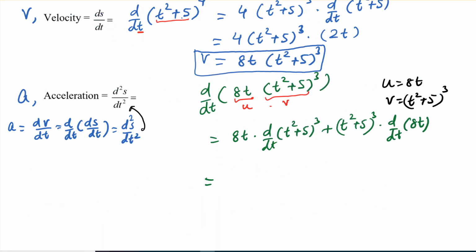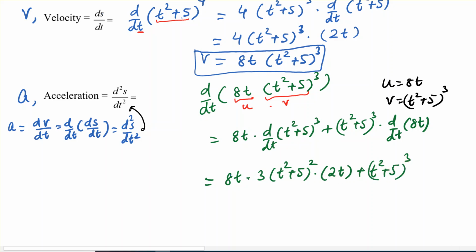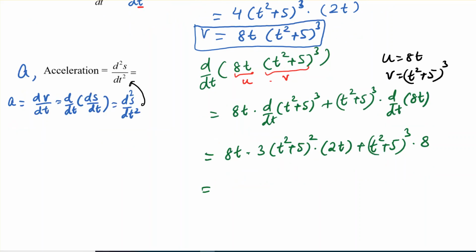Again, when we take the derivative of t square plus 5 whole cube, first bring the power down, reduce the power by 1, and then by chain rule you need to take the derivative of the inside, which will be 2t. Similarly, for the derivative of 8t we get 8. So let's do some algebraic simplification. Take any common factors out.